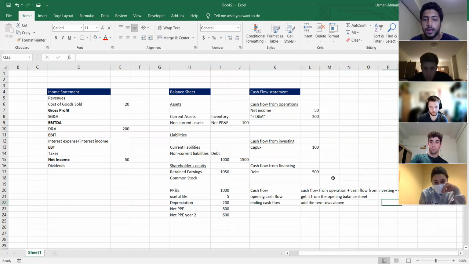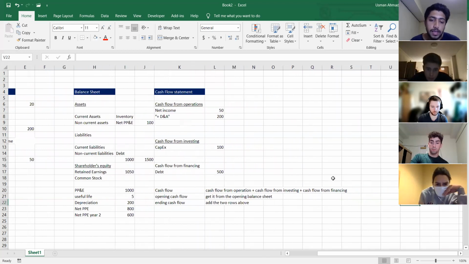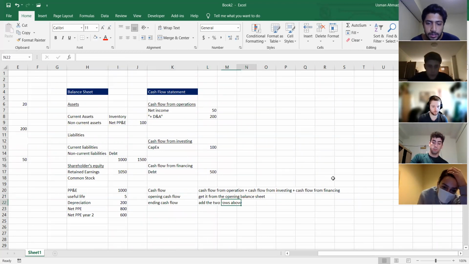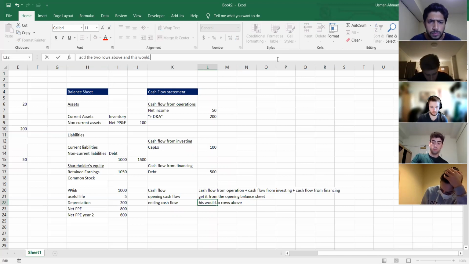So if you generated $1,000 during that year, and the opening cash for that year was $2,000, you just add that together to get $3,000, and this would become the closing cash balance on the balance sheet.